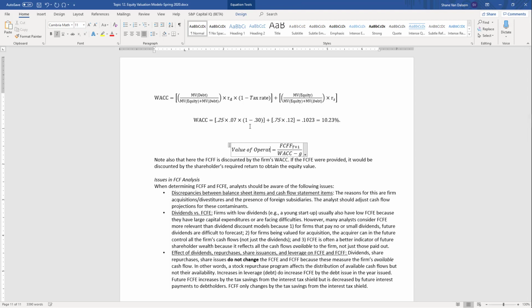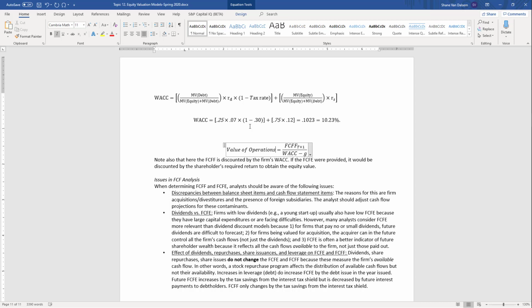Let me explain the difference too. The value of operations, if the company doesn't have any non-operating assets, is the total value of the firm. If a company is being acquired, then that's usually the value that they want to go with, because the non-operating assets usually won't go with a firm when it's being sold.